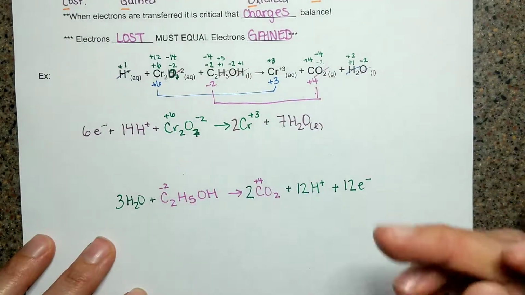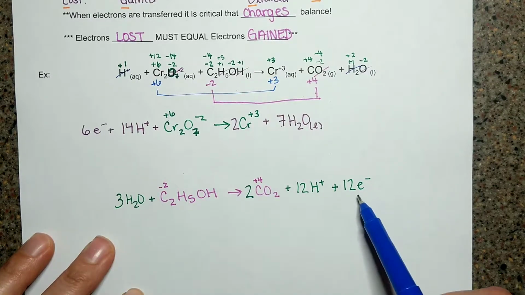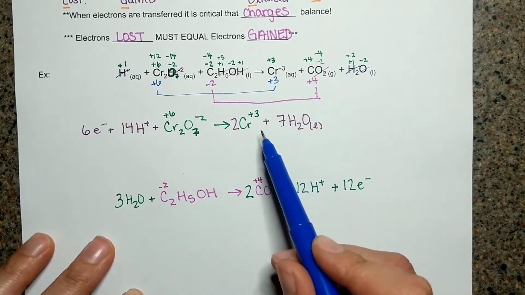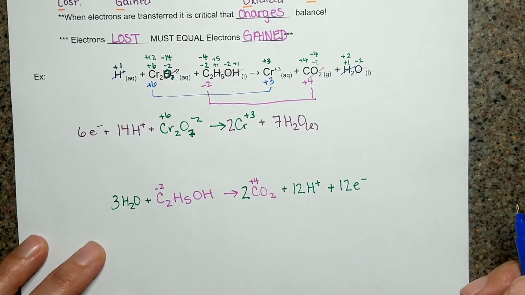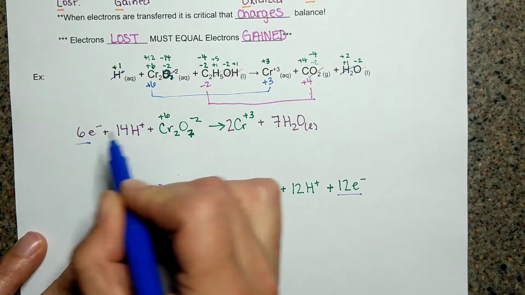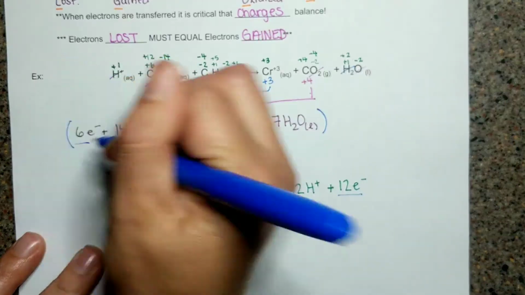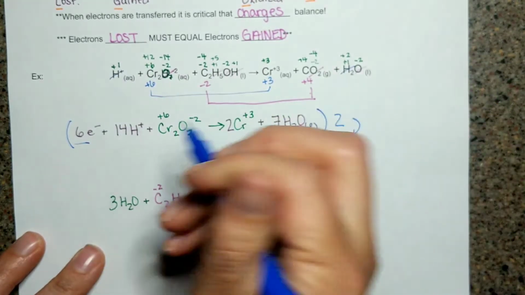Now it's important that I make my number of electrons equal in both my reactions, so that way I can combine both my half reactions into one full reaction. Because I have 12 electrons here and 6 here, I'm going to multiply everything in my top reaction by 2. So that carries through to all of them.